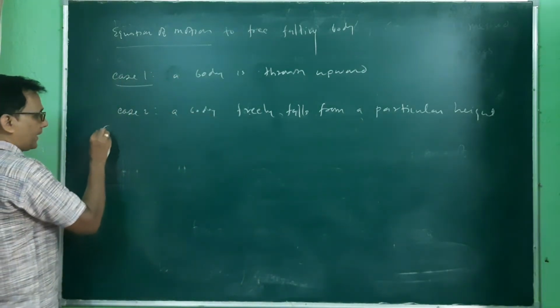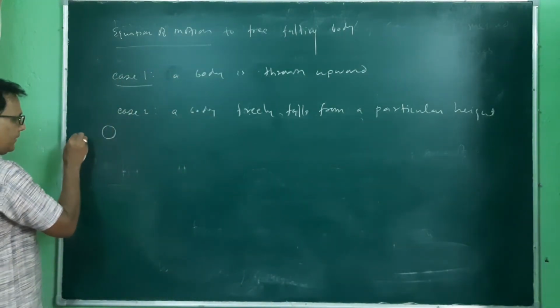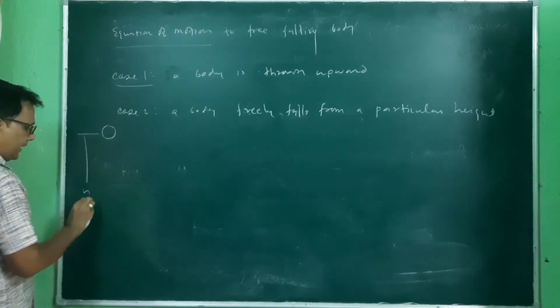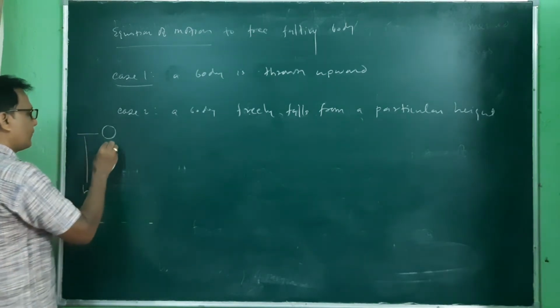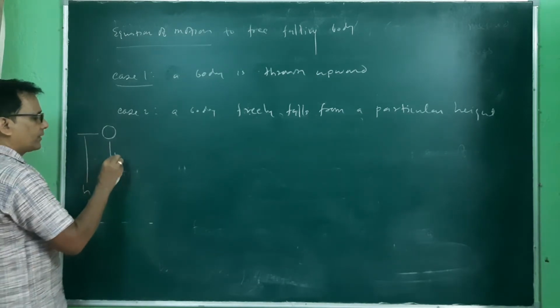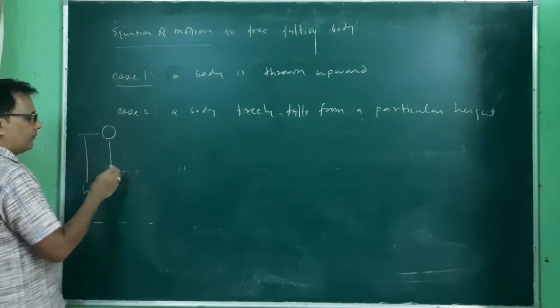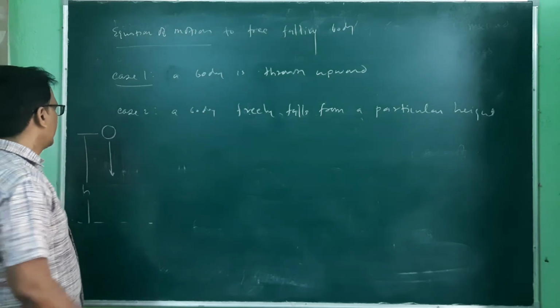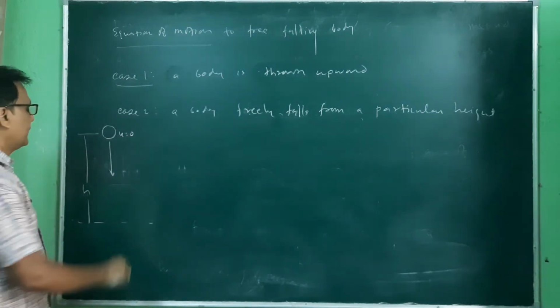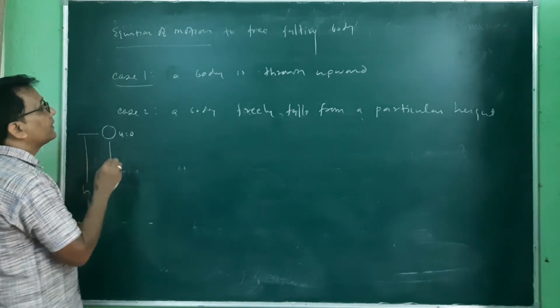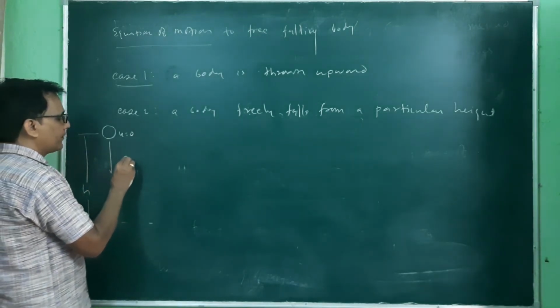So this is that body, falling from a particular height h with a particular velocity. Let's say the initial velocity is 0, and obviously here we will consider the acceleration due to gravity g.